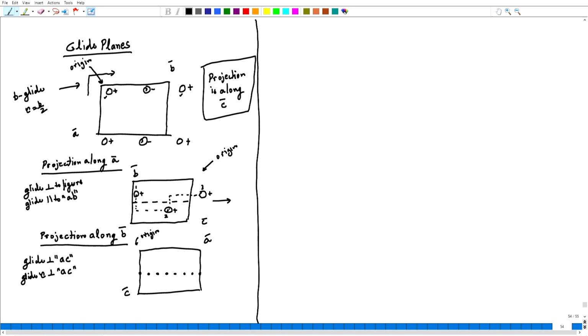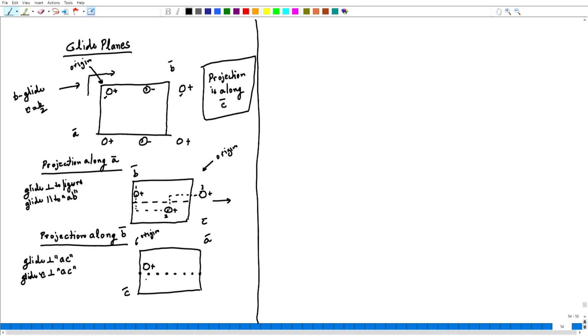So, now let me put how the motifs will look in this perspective from this viewpoint. Let us put a motif here above the AC plane, it will reflect through the glide plane and then translate along B, and along B means it is going up.